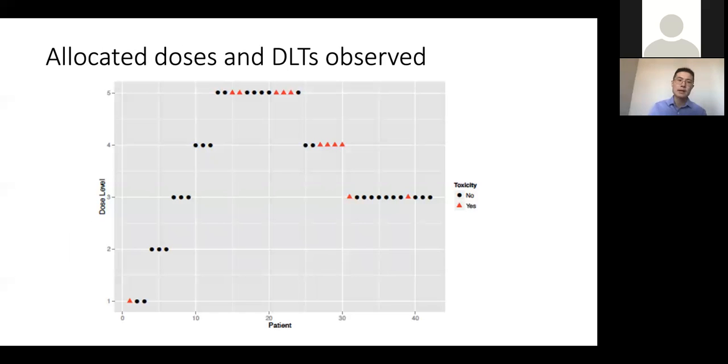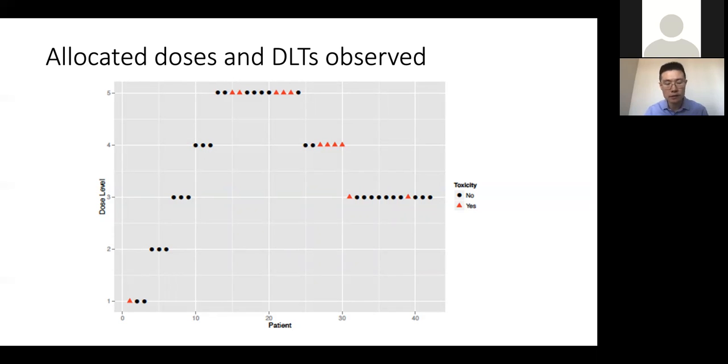Okay, and now here is an example trial where the data is simulated, showing how this trial is going to go. The first cohort started at the first dose level, which is 5 milligrams. Although 1 DLT is observed, the recommended dose level for the next cohort is still level 2.